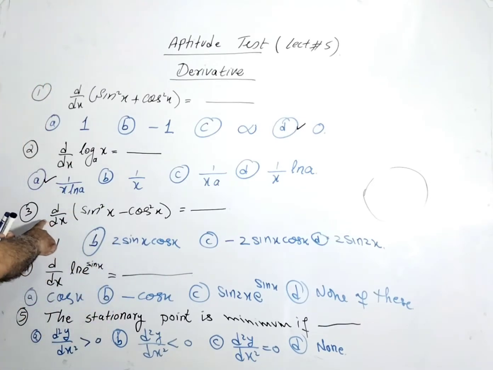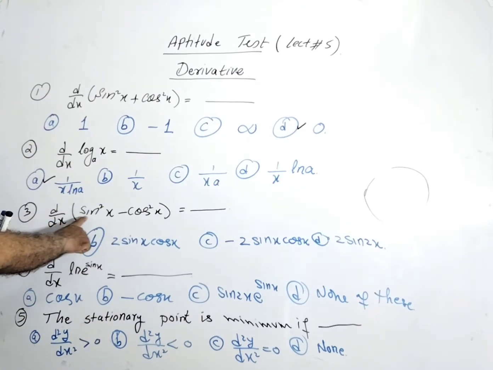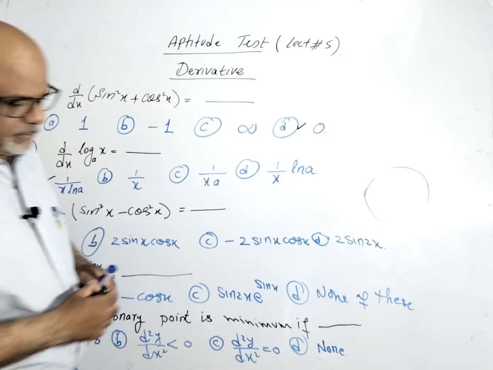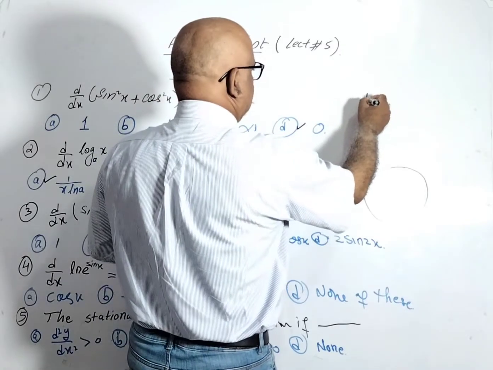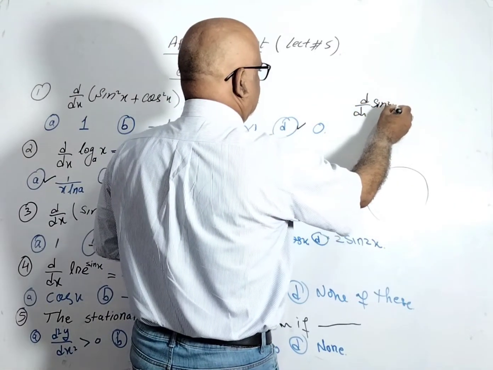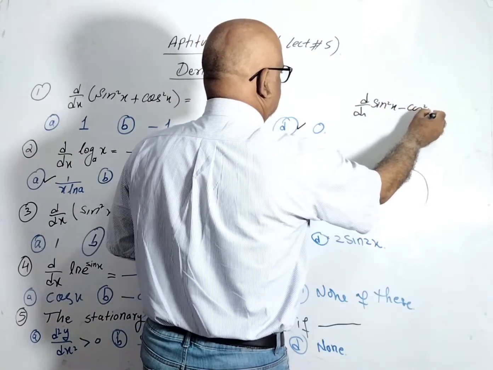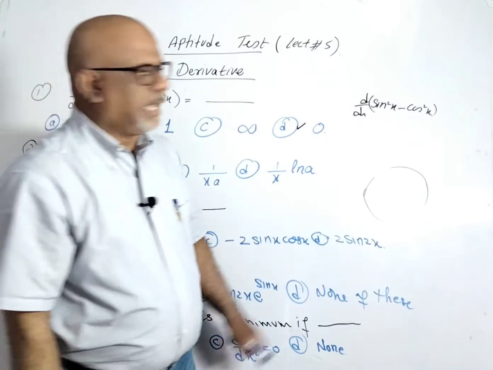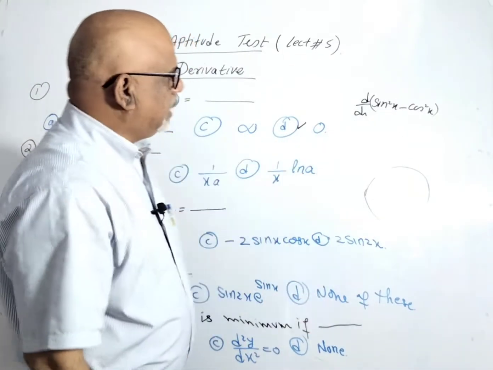Now the most important MCQ here, the derivative of sin square x minus cos square x.